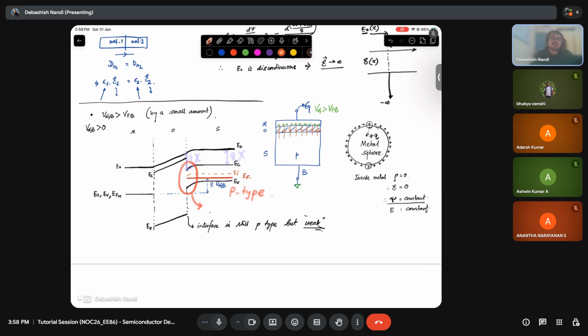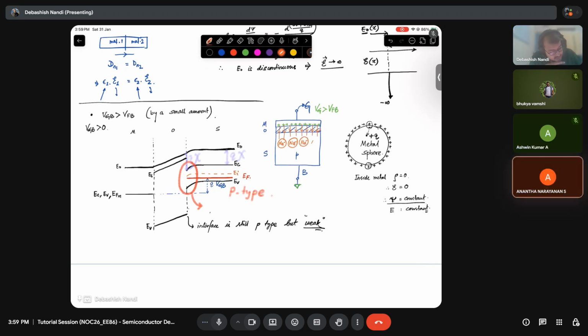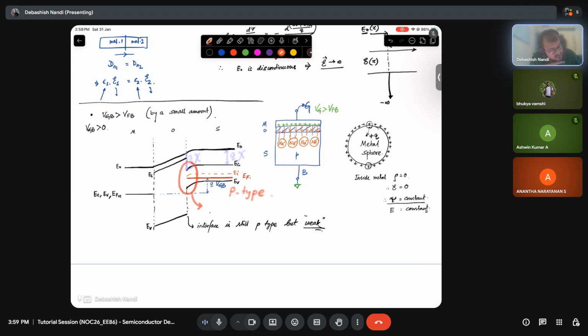Where can I get negative charges in a p-type substrate? Acceptor ions, right? Na minus ions. And another possible charge is electrons, but those are at a very low value, because EA crosses EF. So these electric field lines will get terminated on the negative acceptor charges.